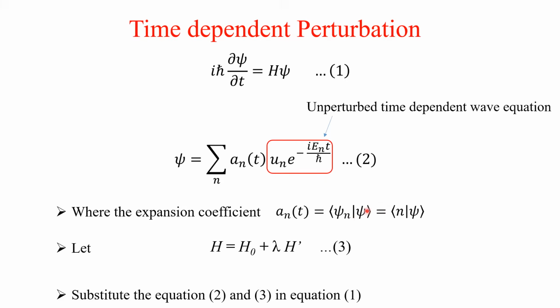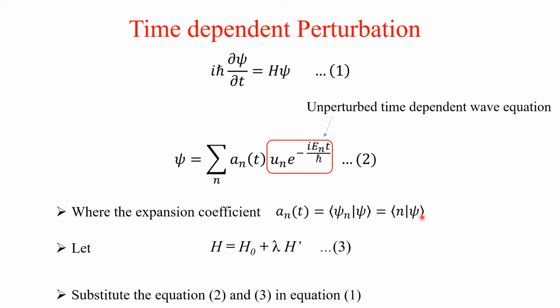So in Dirac notation, ψn can be written as ket n. That is, this is bra n taken inner product with ψ. As I said in my earlier lecture, the expansion coefficient or probability amplitude is how much projection ψ has on ψn.